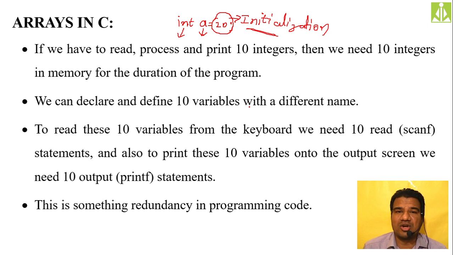When you are writing that logic, remembering 10 names will look feasible, an easy job. But let us assume a scenario where you have to use 50 variables in your program. Is it possible to remember 50 different names when you are writing a simple logic? It is not possible, isn't it?